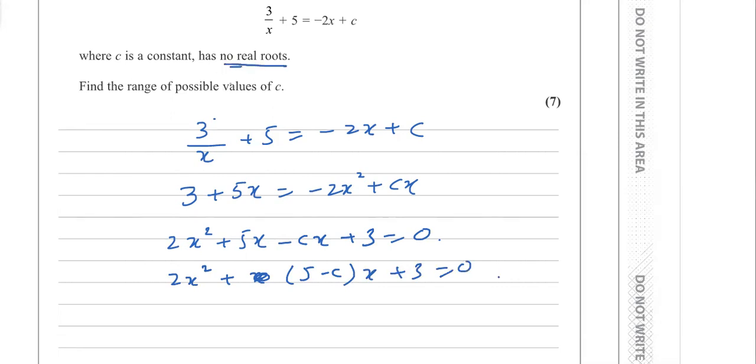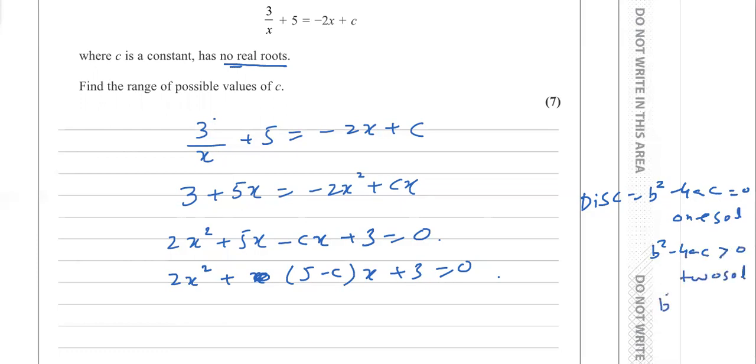When any quadratic equation has no real roots, we use its discriminant, which is always equal to b square minus 4ac. If the discriminant is equal to 0, it means there is one solution. If the discriminant b square minus 4ac is greater than 0, it means two solutions.